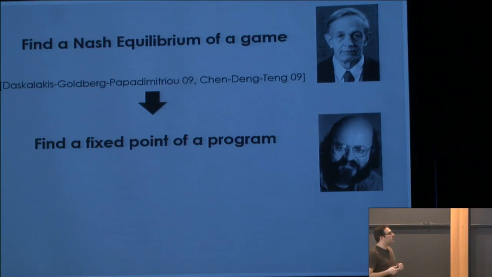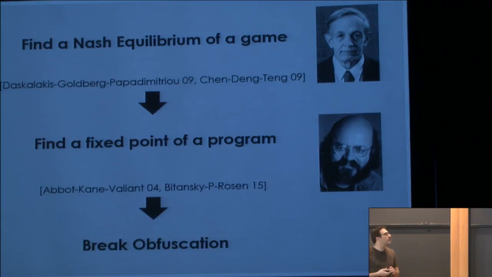The second step is to show that finding fixed points in such programs really is hard. And we can do this based on program obfuscation. So the idea is to design an obfuscated program that has the correct structure, but where the obfuscation somehow completely hides where the fixed point is. So if you want to know more about this hardness result, Nir Bitansky is going to be here next month, and he's going to talk about this.